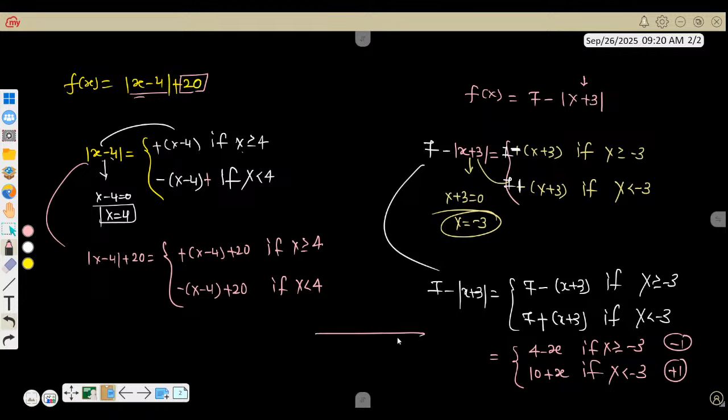So greater than minus 3, negative 1 means decreasing, and less than minus 3, positive means increasing. So you can say from minus infinity to minus 3 the function is increasing, and from minus 3 to positive infinity the function is decreasing. You understand, Arsia? Yeah.